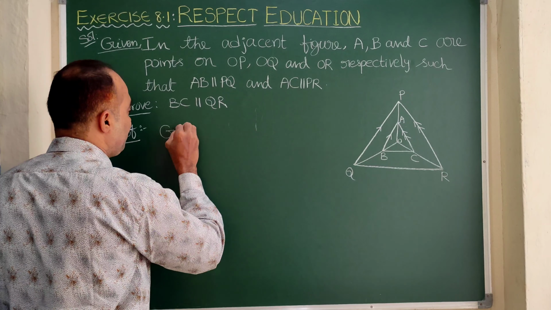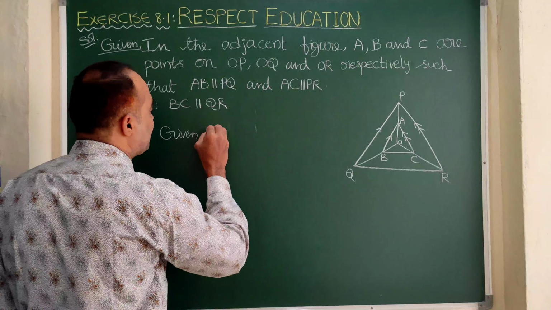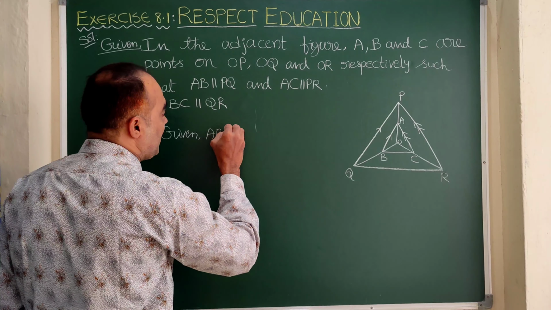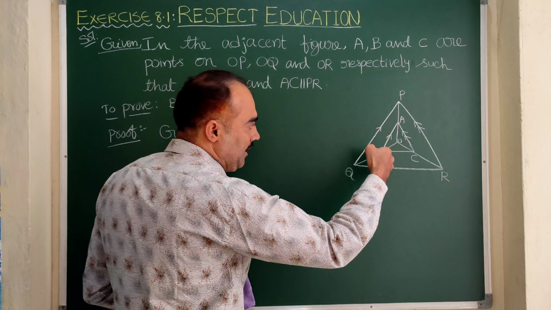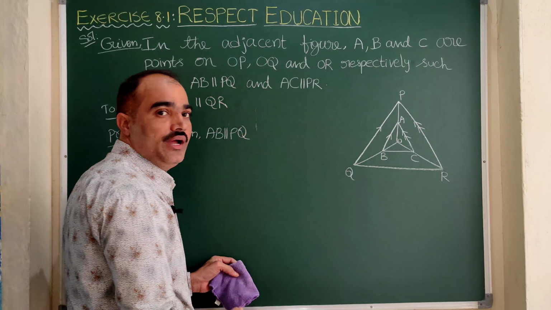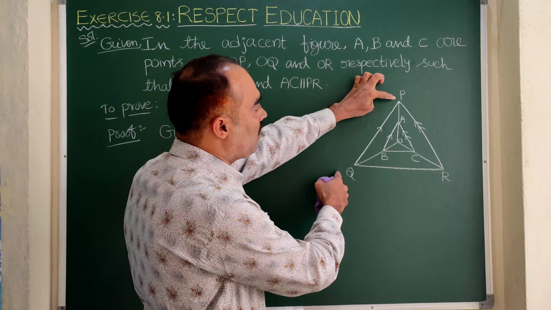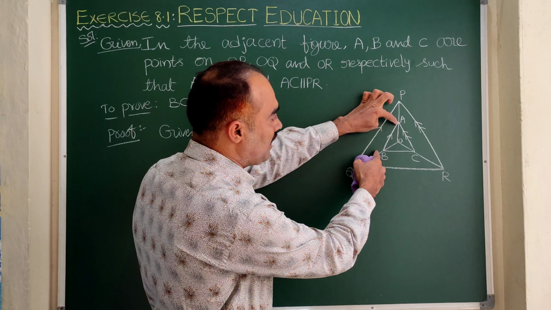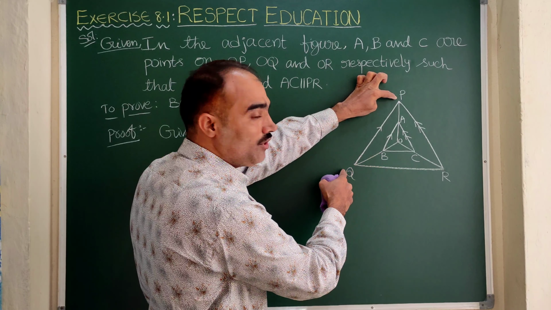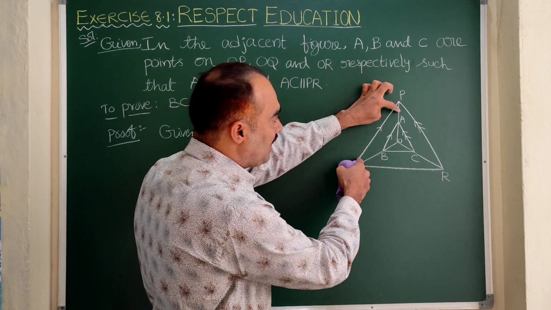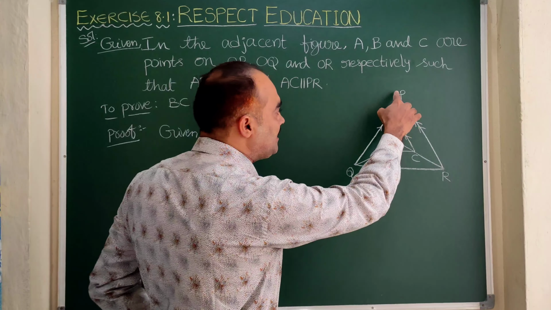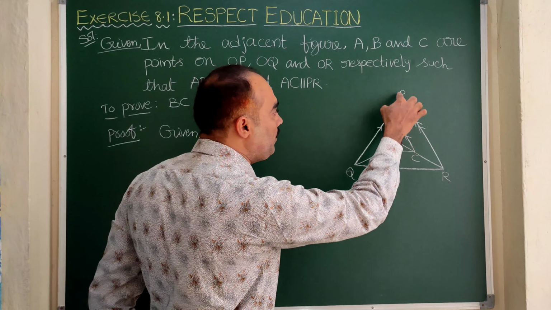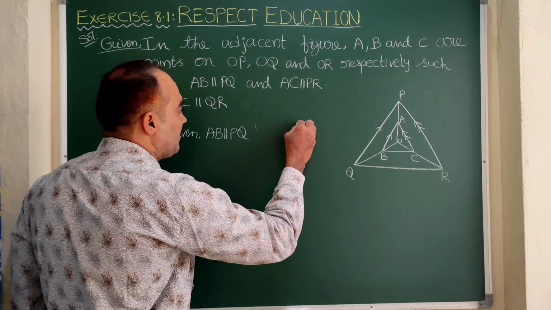Given first condition, AB parallel to PQ. See here, AB parallel to PQ, in which PQ is the longer, AB is the smaller. So let us start the journey from longer, means PQ, while reaching AB. Again if you go forward we will reach O. So let us cut this triangle, that is OPQ, and let us stick here.